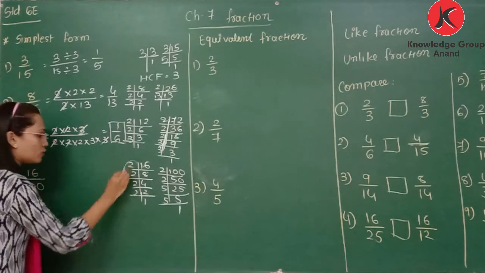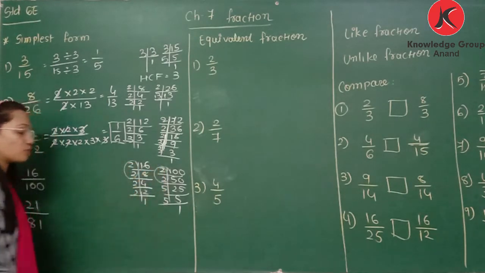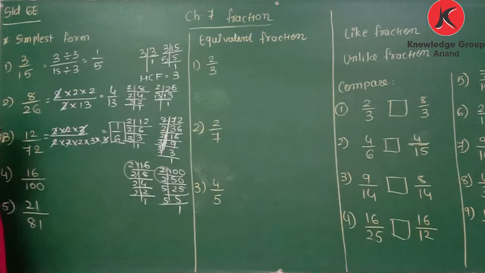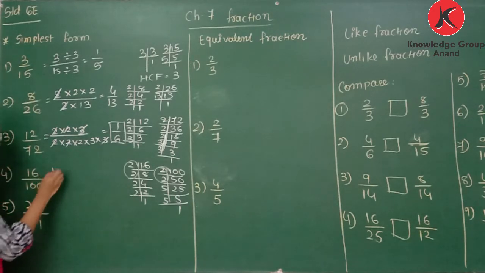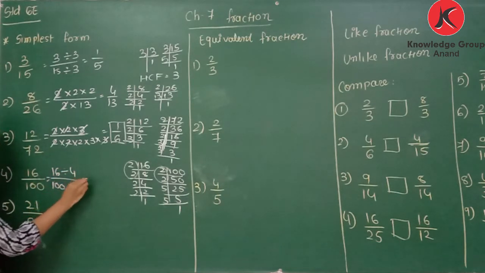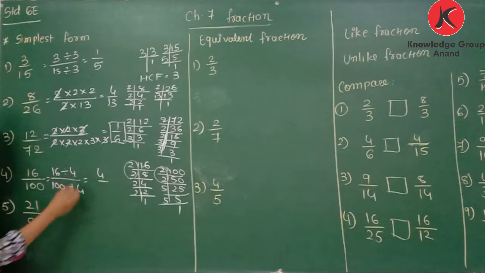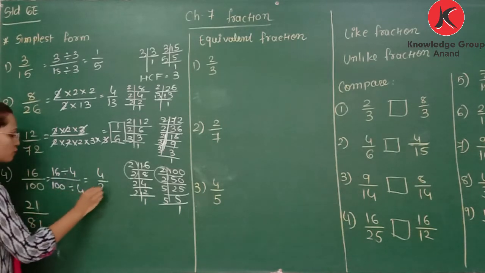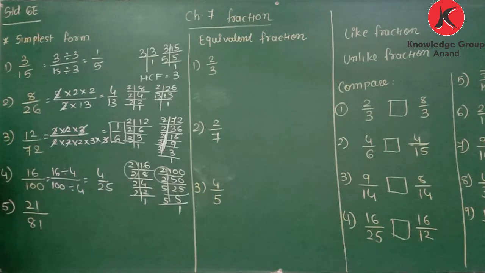Now which is the common? You can see here 4 and 4. Now none of the factors is the same. So here we divide each by 4. So 16 divided by 4, 100 divided by 4. So we will get 4 and 25. So this is the method you can find the simplest form.